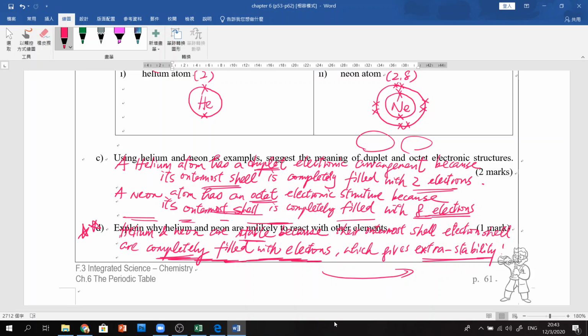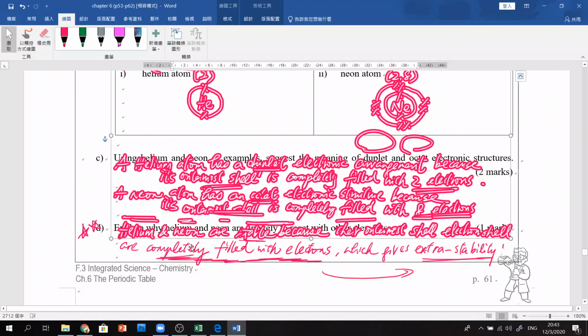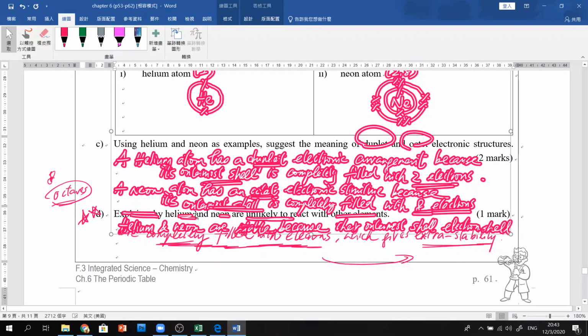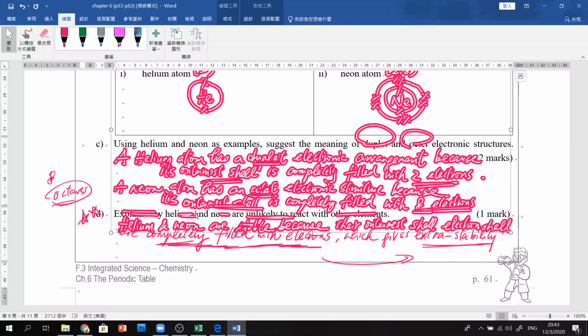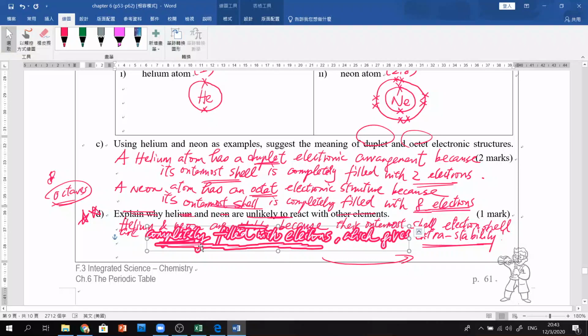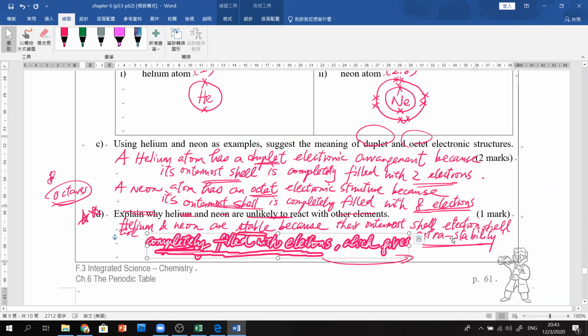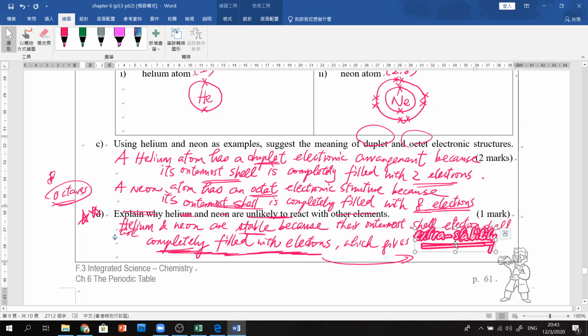So this is what I would like to talk to you about, the very special point about these two. First of all, we call them noble gases. They have extra stability. I'd like to put it downward a little bit such that all of you can read it easily.